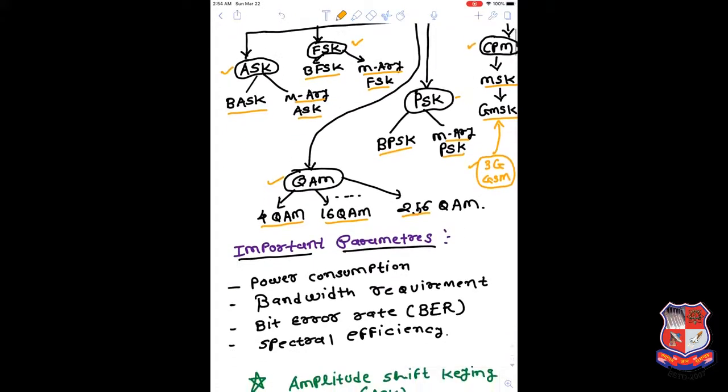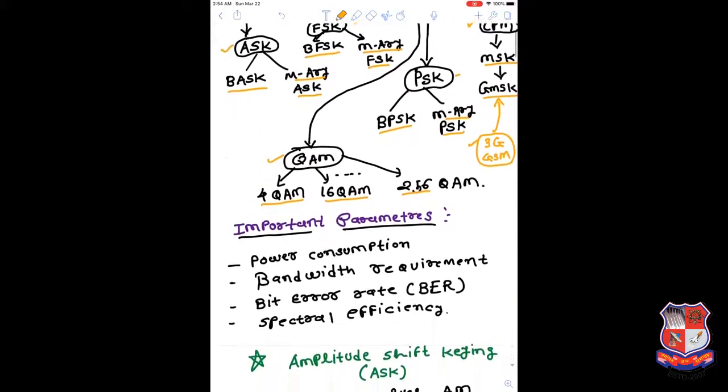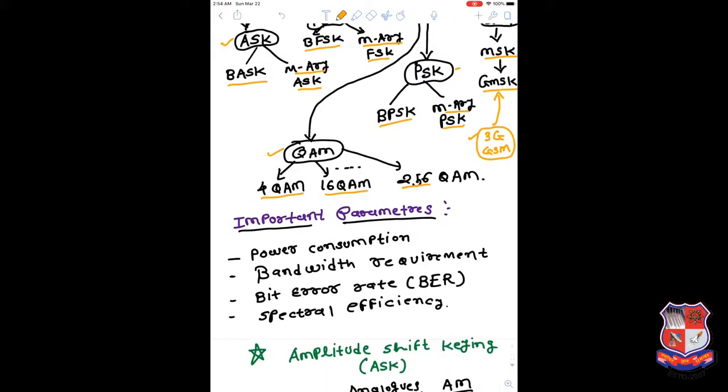We will learn about the various important parameters during the discussion of each and every modulation scheme. They are the power consumption, how much power is consumed by various modulation schemes. Then we will see the bandwidth requirement.